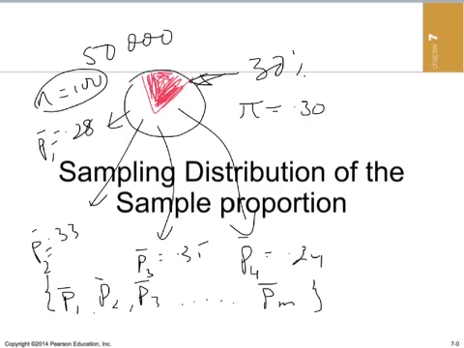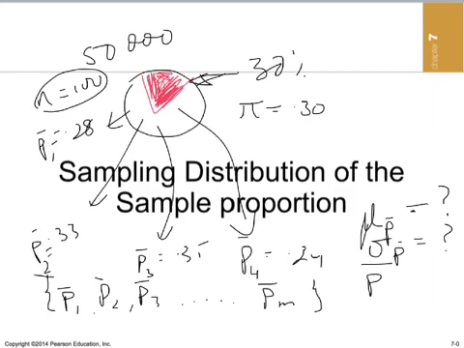That is a distribution of the sample proportion P bar. And because that's a distribution, that distribution will have a mean, mu P bar, and will have a standard error, sigma P bar. The question is, what are those? And not only that, what's the nature of that distribution?